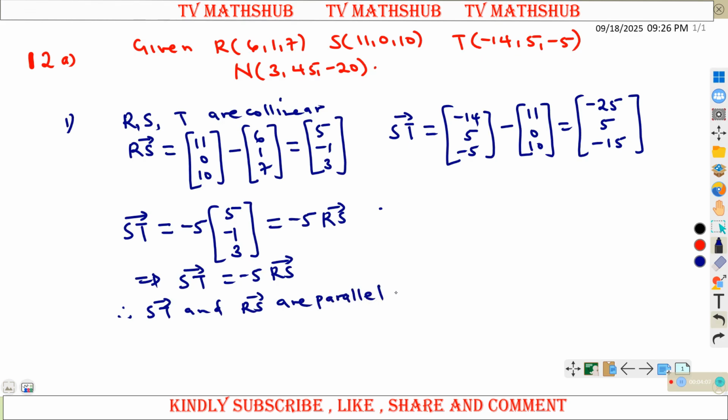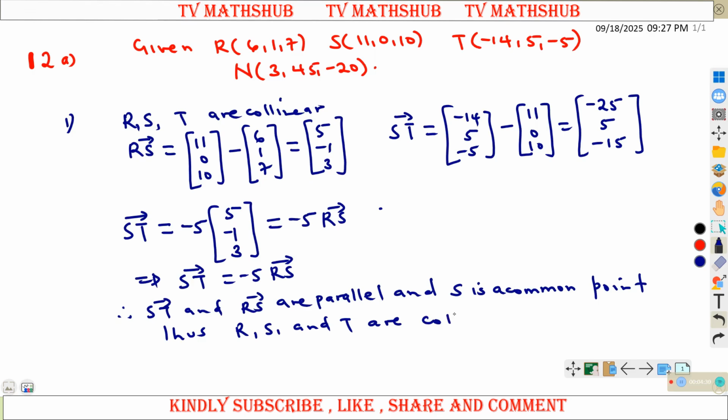And since they are parallel and S is a common point, then we can conclude that R, S, and T are collinear.